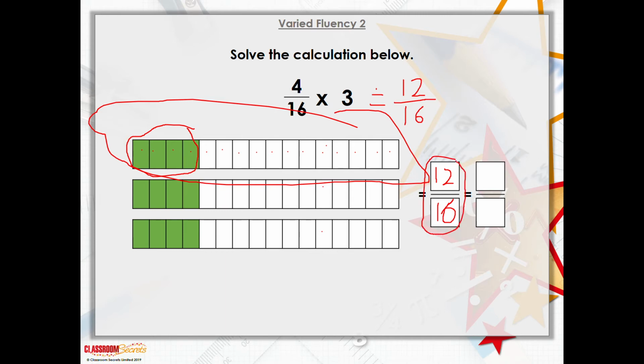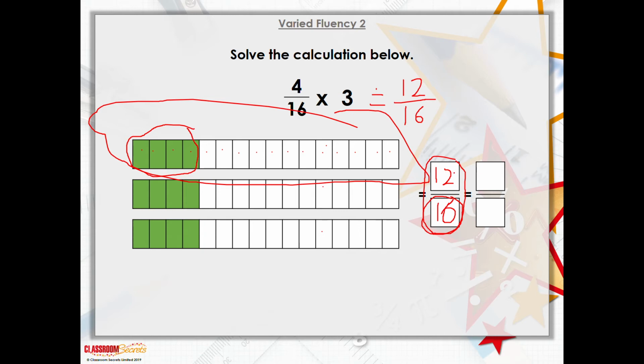Now, if I look at the 12 here, if I divide 12 by 12, I know it makes 1. However, if I divide 16 by 12, it doesn't make a whole number. This 16 is not in my 12 times table. I could use maybe 8s, but 8s do not go as a whole number into 12. They may go into 16, but not into 12. However, I'm going to apply my knowledge of my times tables again, and I work my way down, and the highest number that I can use, and probably some of you have worked it out already, is 4s.